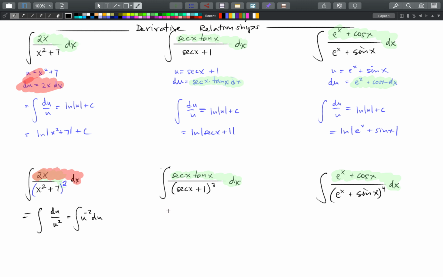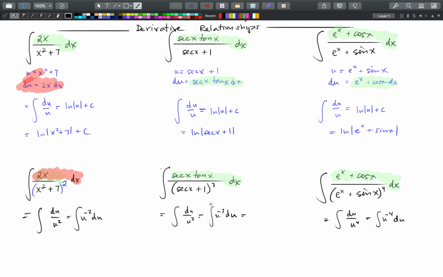Likewise, down here, it's up to you to realize it's the same as du over u cubed, and likewise, du over u to the fourth. Then you simply can rewrite du over u cubed as u to the negative 3 du. And likewise, rewrite this as antiderivative of u to the negative 4 du.